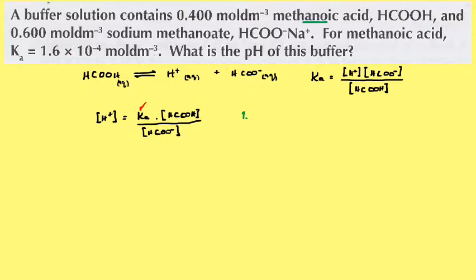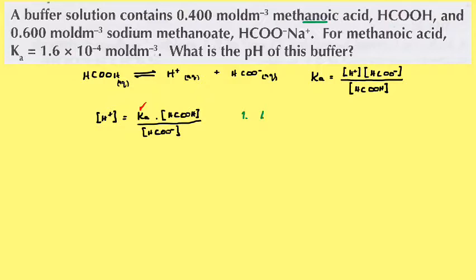And we're actually given the concentration at the start, so what we're going to assume is that at equilibrium we have 0.4 moles per decimeter cubed of the methanoic acid. So I'm going to write that assumption down now.